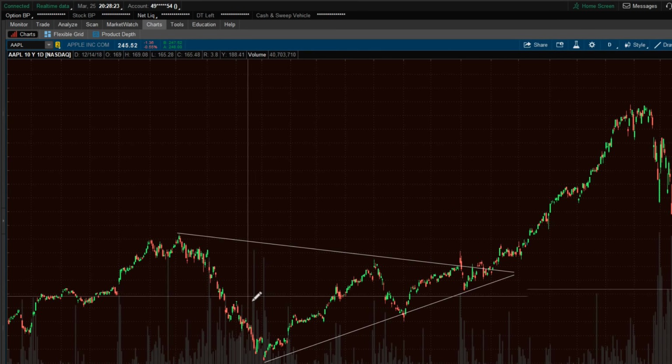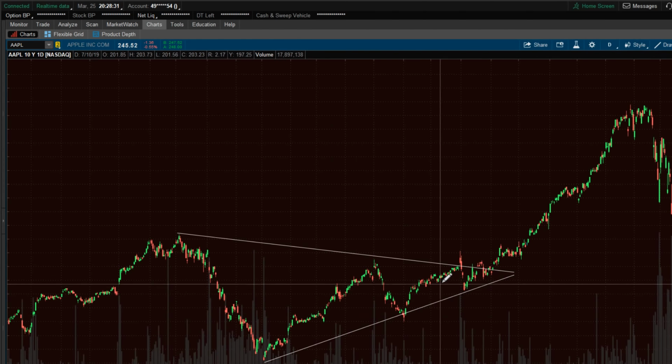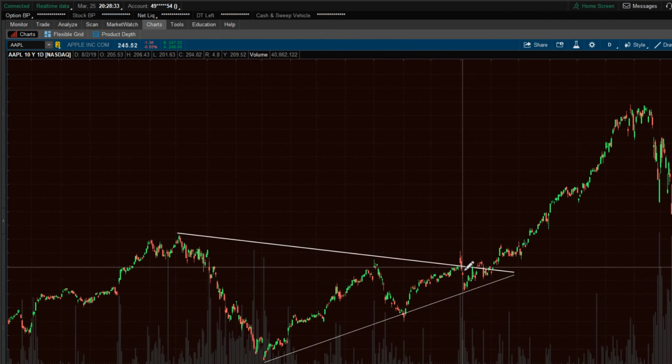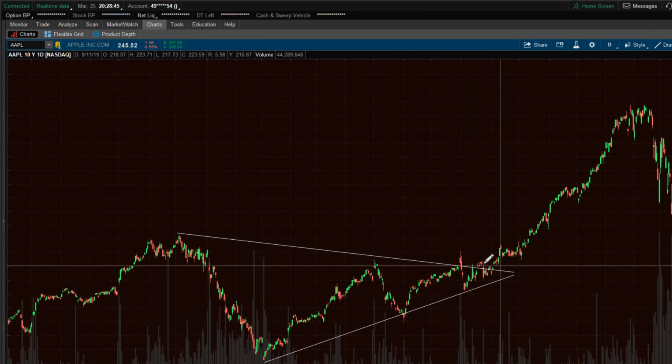Okay, so we can see here with Apple, we have the long move down, grind up, sharp move down, slower grind up. It gets tighter and tighter until it consolidates so tight that they just can't hold it anymore and the bulls win out. Okay, and you get the move up, or like we call it, the breakout of this pattern.